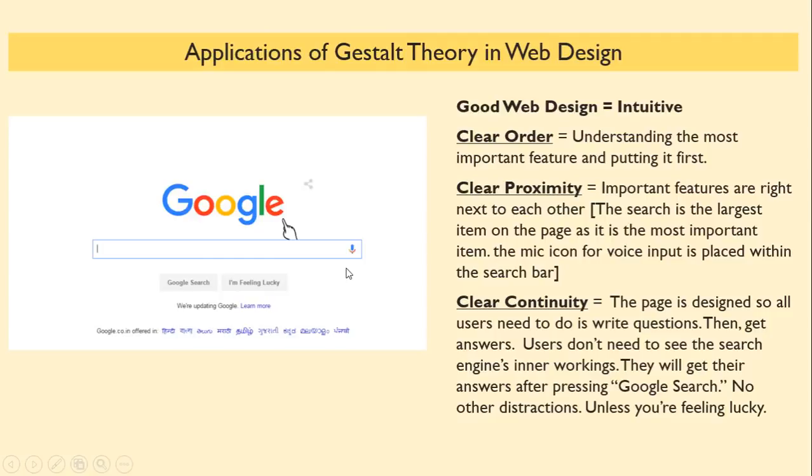And last but not least, very clear continuity. They deliberately unify all these items together, but they don't display your search results at the bottom or at the top or at the side. You only get to see your search results after you've filled in the search bar and pressed enter or pressed Google search.